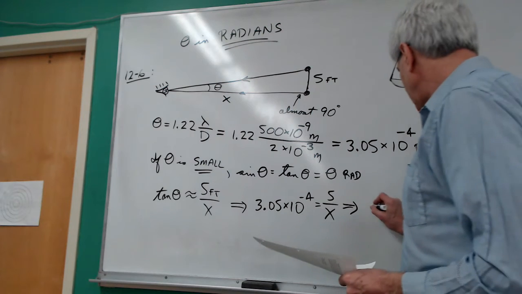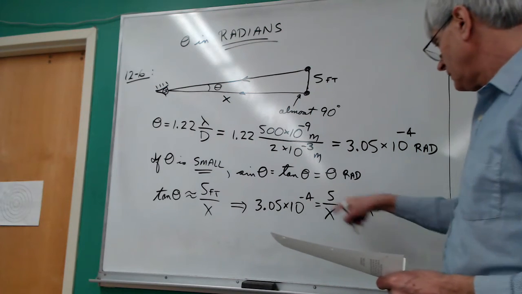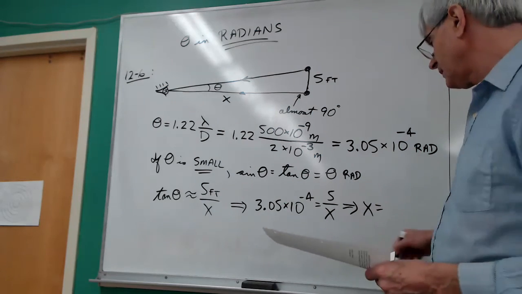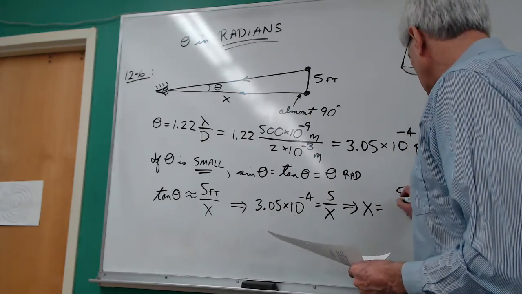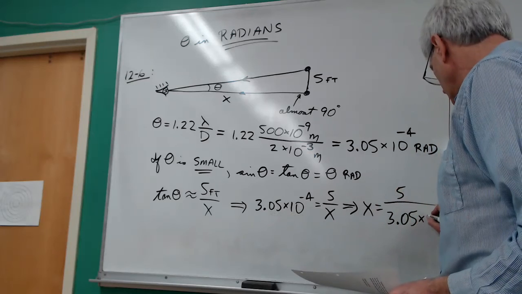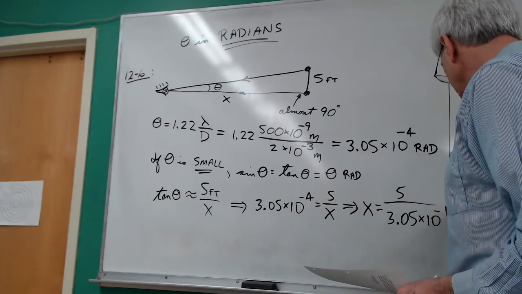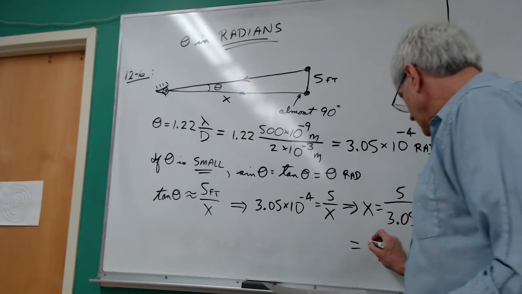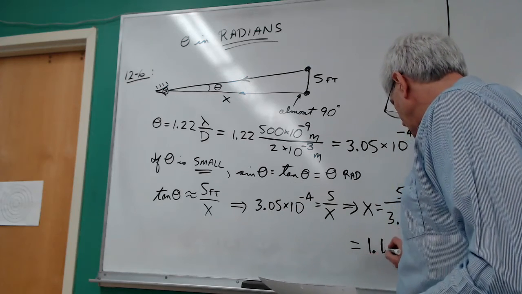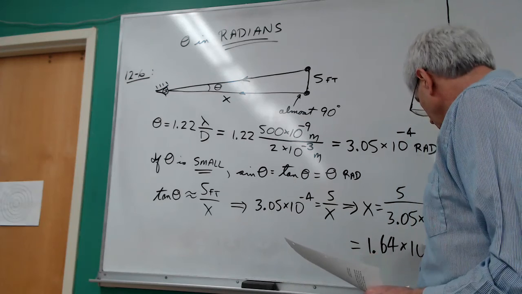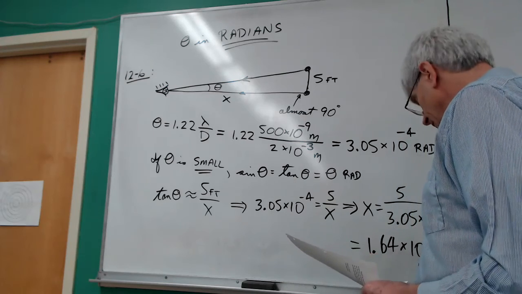Solving it for x, cross multiply both sides by x, divide both sides by the angle. So 5 divided by that comes out 1.64. In other words, a little over 16,000 feet.